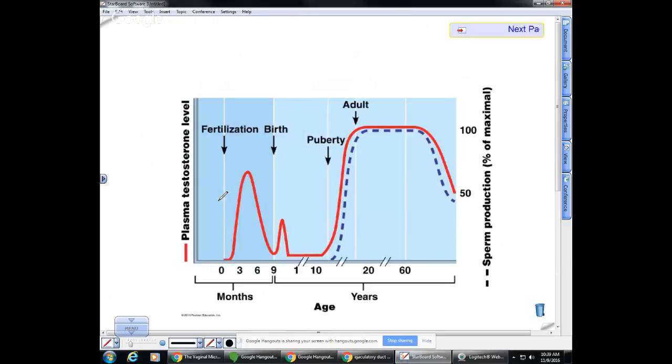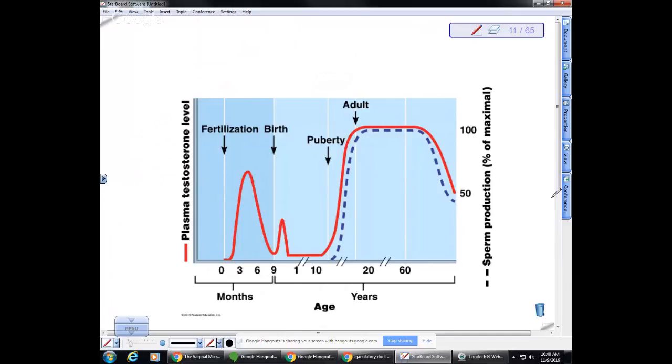Okay. So if we look at testosterone, one of the interesting things is that testosterone actually is relatively high prenatally. So if you notice here in the fetus between 3 and 6 months, we have this peak, and it's like 2/3 of what is found in the adult. And so this is really important.